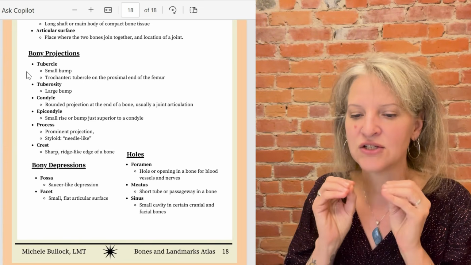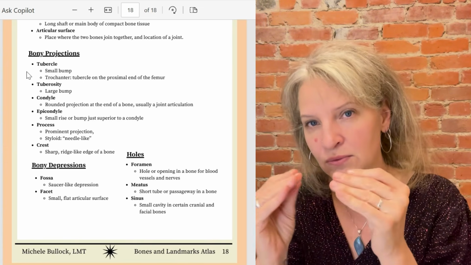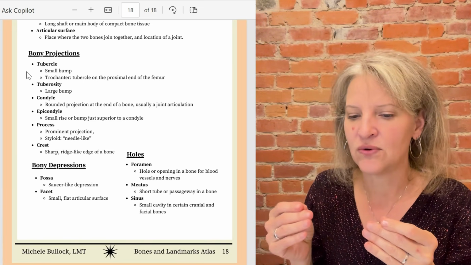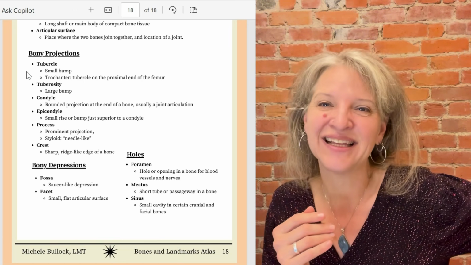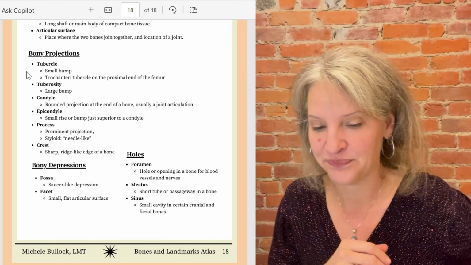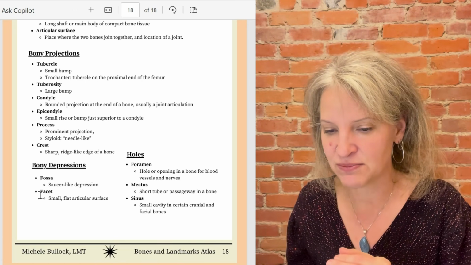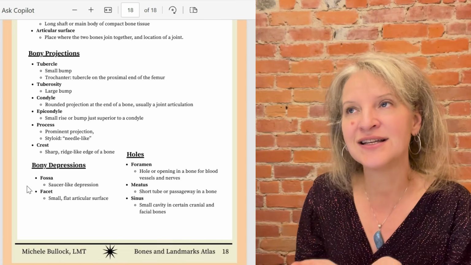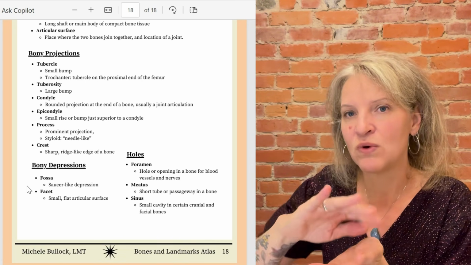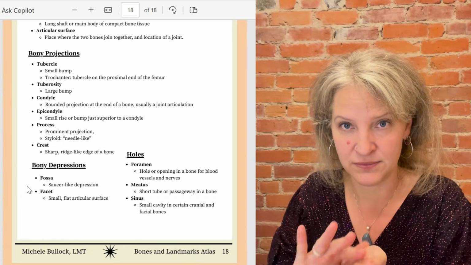And then a crest is a sharp ridge-like edge of a bone where the muscles attach. So we have an iliac crest on our hip. And then for depressions, coming down to the depressions section, a fossa is a place where there's like a scoop out of the bone.